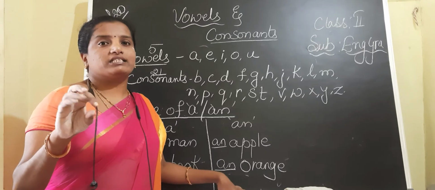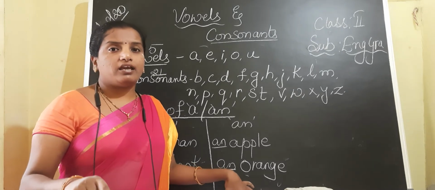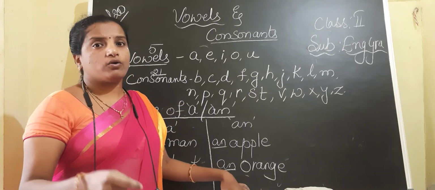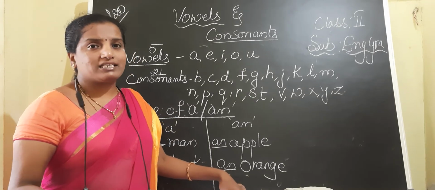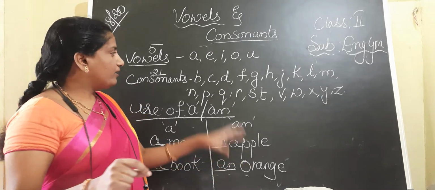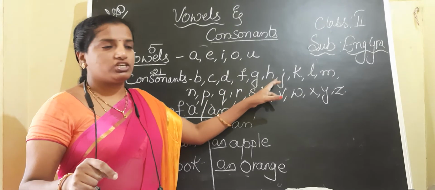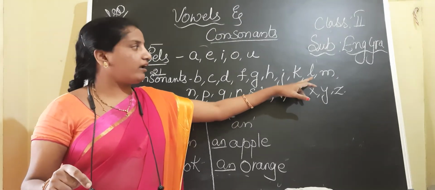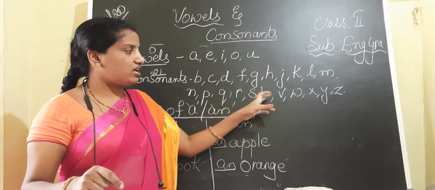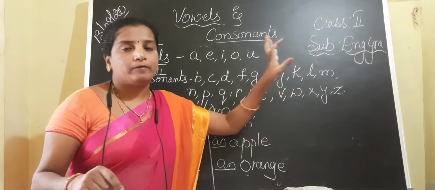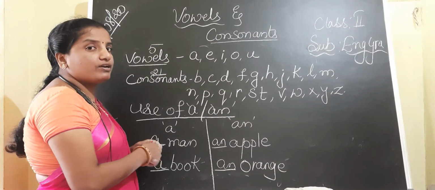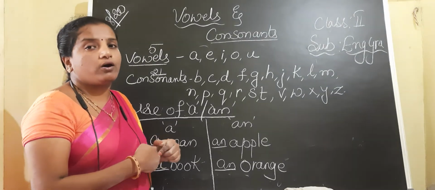There are 5 vowels: A, E, I, O, U. The remaining letters B, C, D, F, G, H, J, K, L, M, N, P, Q, R, S, T, V, W, X, Y, Z are known as consonants. And today we discussed the use of A or AN.